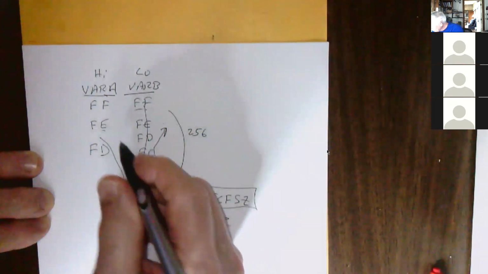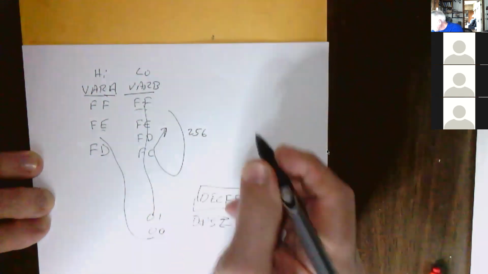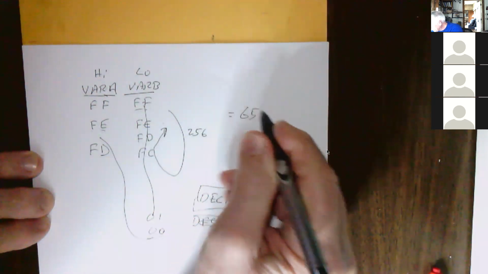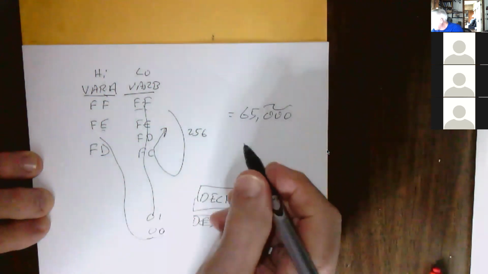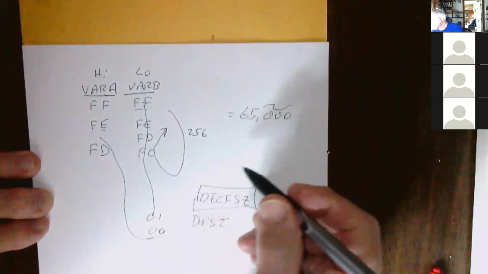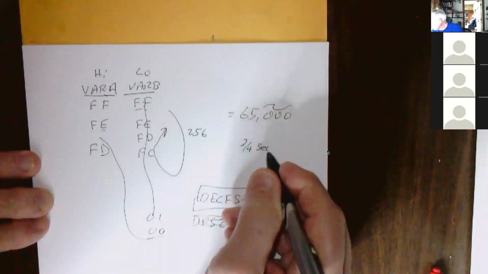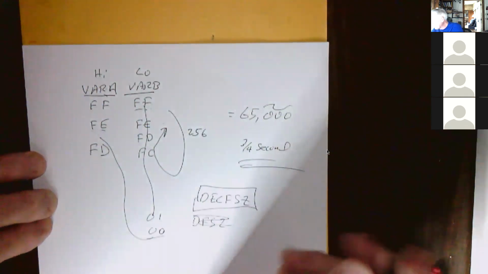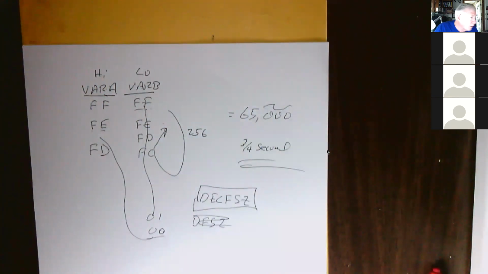So in the end, we're going to decrement this 256 times 256 times, and that's going to give us about 65,000. And that's going to take the processor about 3/4 of a second to do. And because of that, that's going to give us a nice little delay. Okay, so that's how we're going to get our delay.